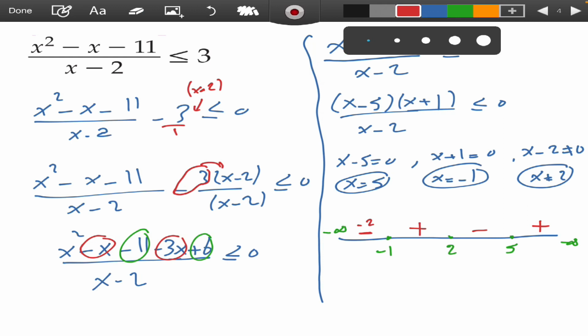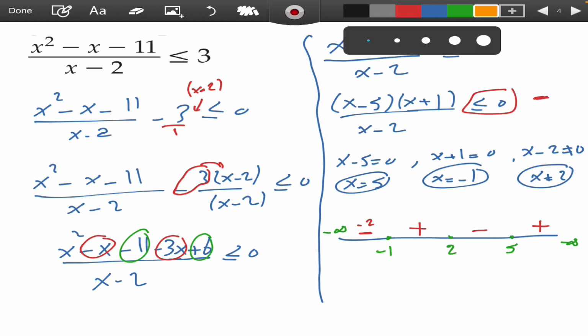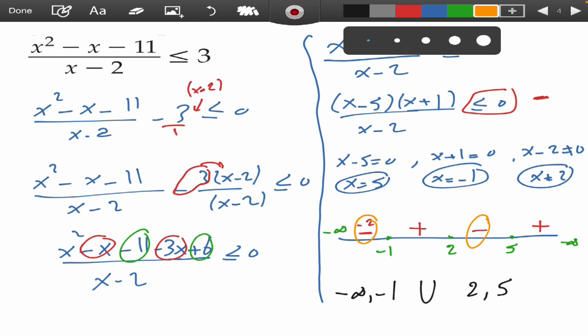Which sign we choose according to the inequality? The negatives, and the negatives are here and here. So the solution is from negative infinity to negative 1, union from 2 to 5.